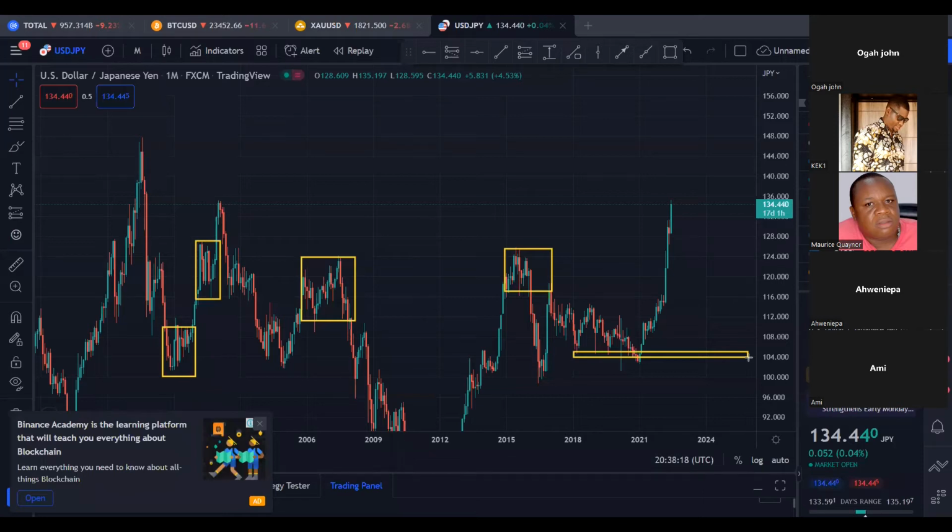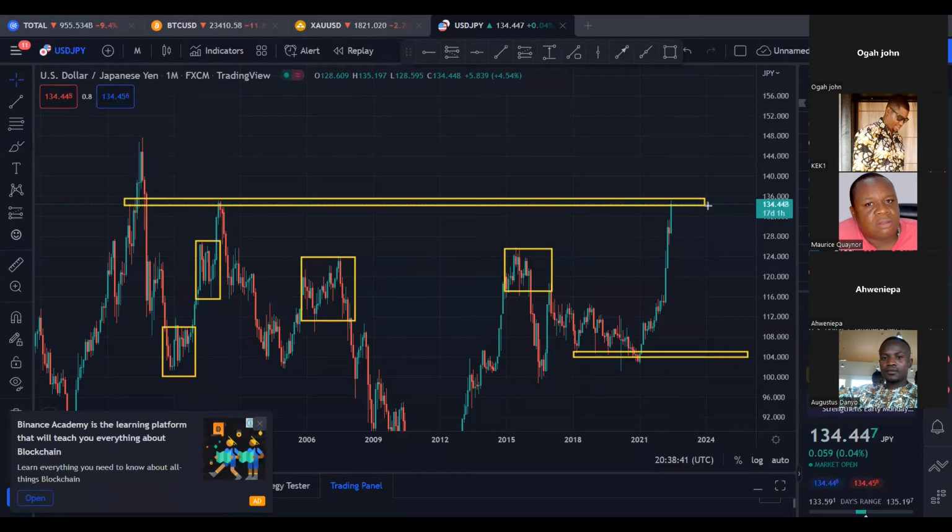Those who are stuck to support and resistance one way or the other will be thinking, hey, what is happening? Because at this particular point, a zone is what is used. So now let's assume we are using this level as a zone.